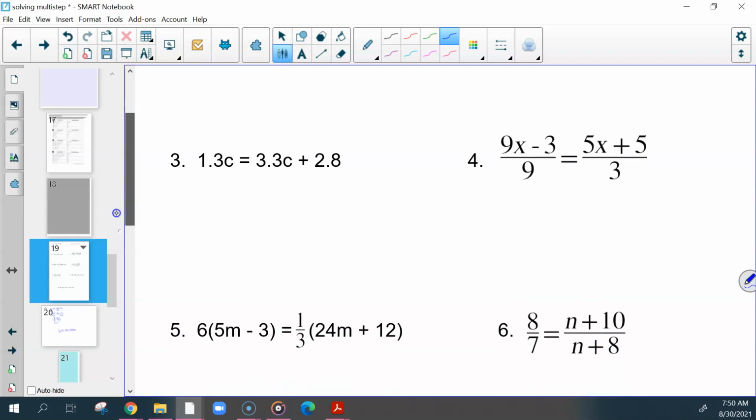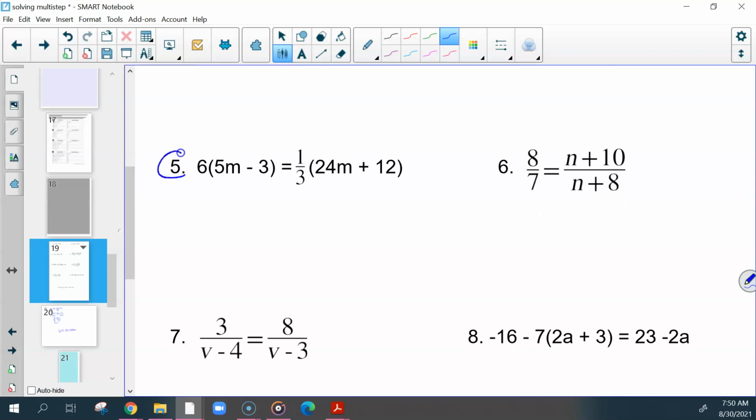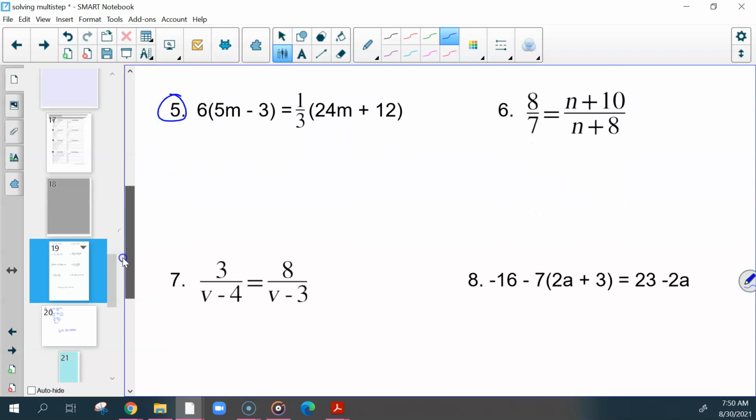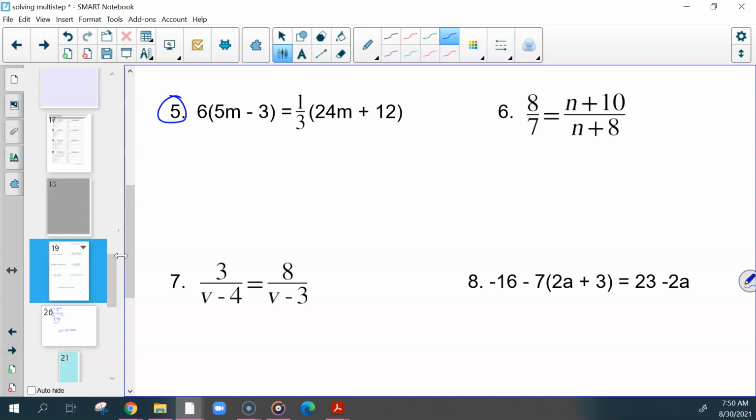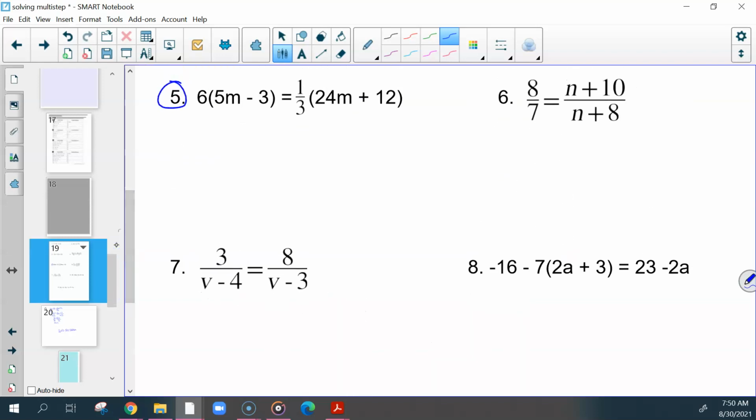If not, we can move down. We're going to do number 5 for sure. And then of the ones left, we can do 1 more, we can do a couple more. It's really up to you guys. Number 6, 7, 8, and 9. Are there any of those that you would like to see worked out?